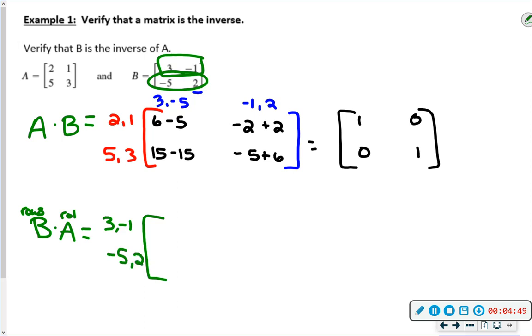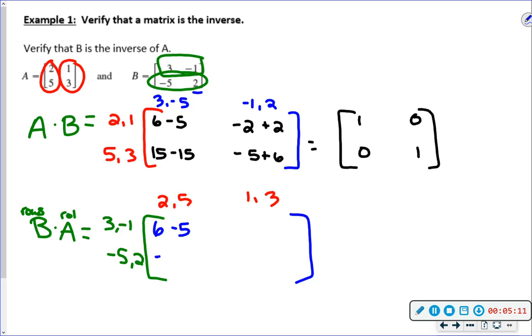And then I need columns up and down of A. 2, 5, 1, 3. And again, this is really simple, but good, we can review how to multiply because obviously that's going to be on your quiz tomorrow. 3 times 2, -1 times 5.